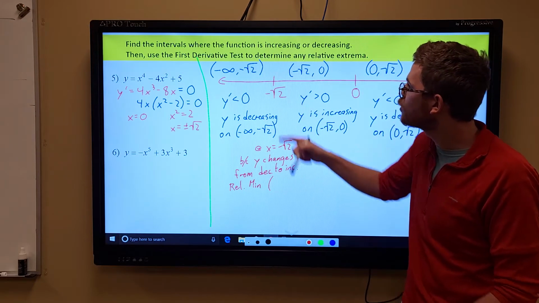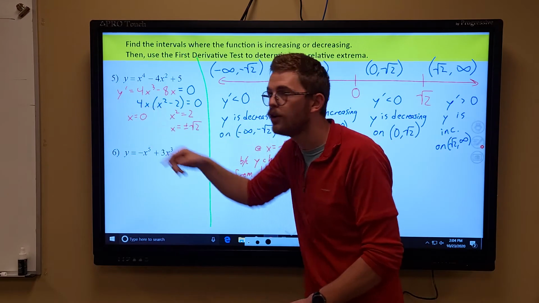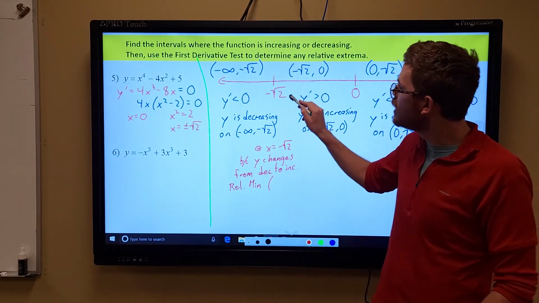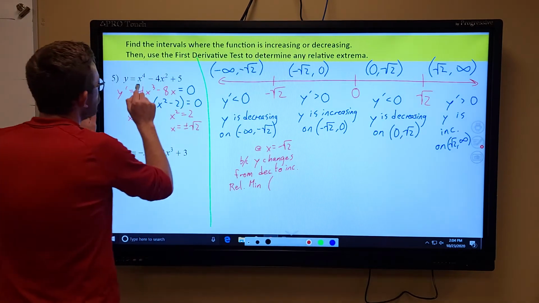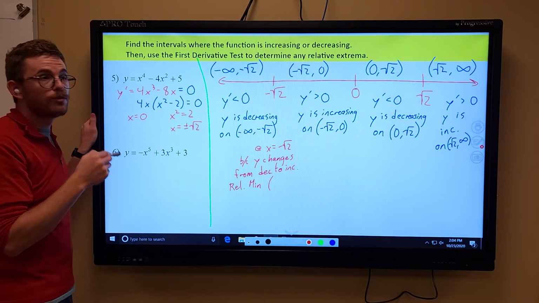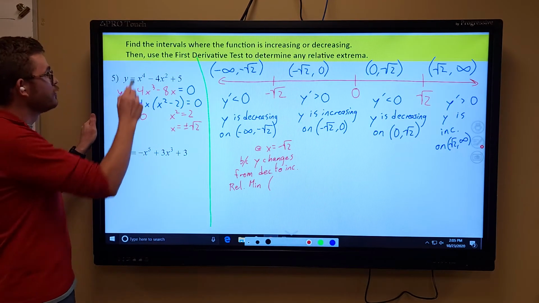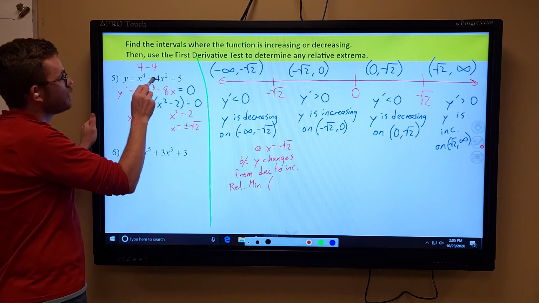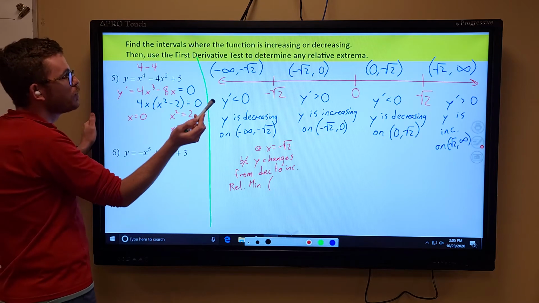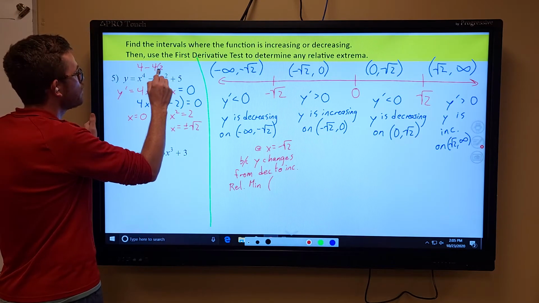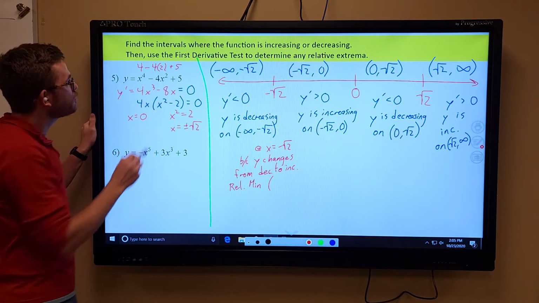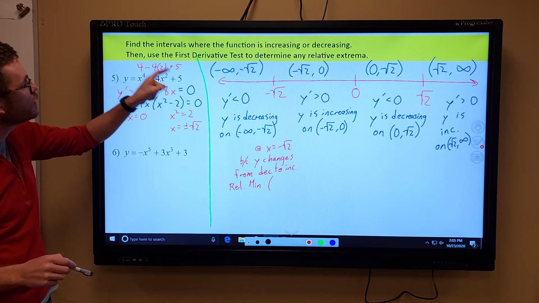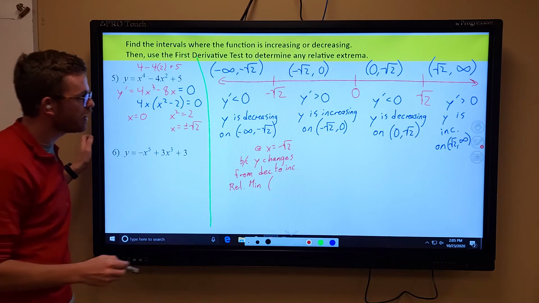Take that negative square root of 2 and plug it back into the original function to get the actual point right there. Negative root 2 to the 4th power is 4, minus 4 times negative square root of 2 squared, which is 2, plus 5. 4 minus 8 plus 5, it's negative 4 plus 5. Yeah, negative 4 plus 5 gives me 1.